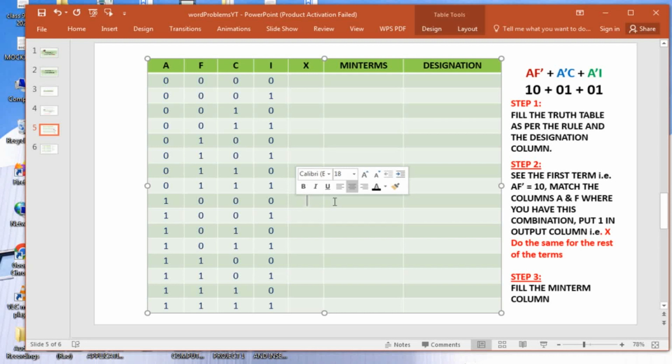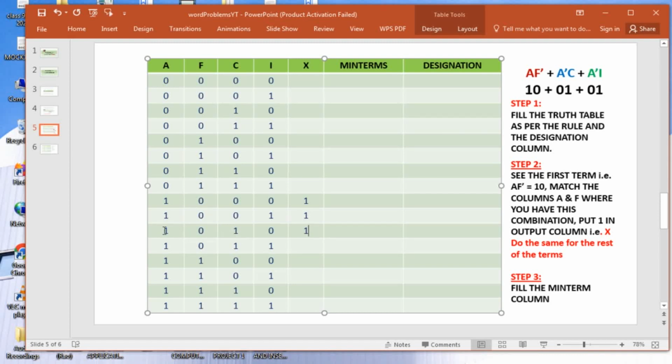So you can write here the minterm, that is, in the output column, where you have A F naught, that is this one, as 1. Then you see this one is also 1, A F naught, this is also 1.